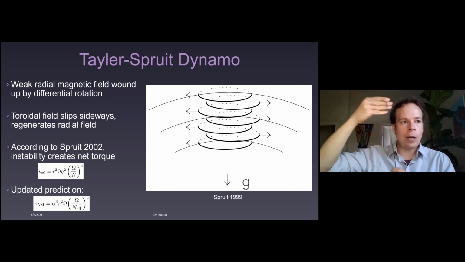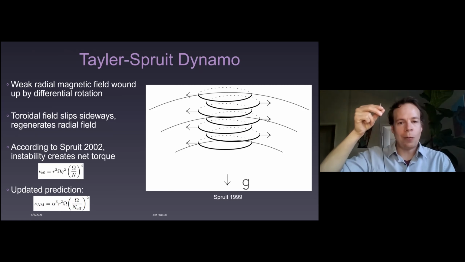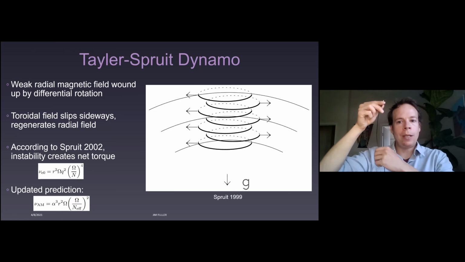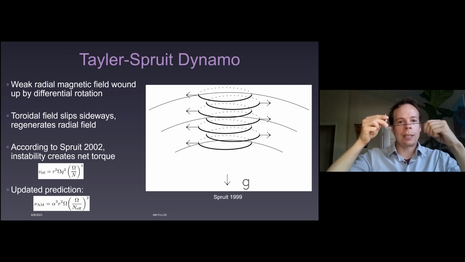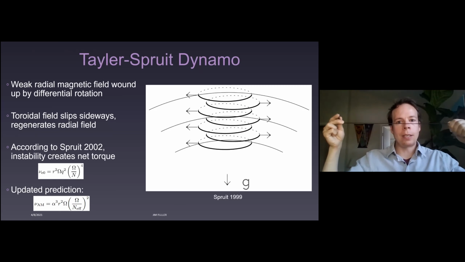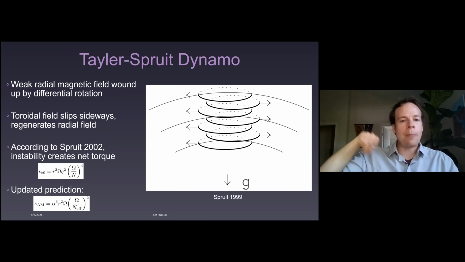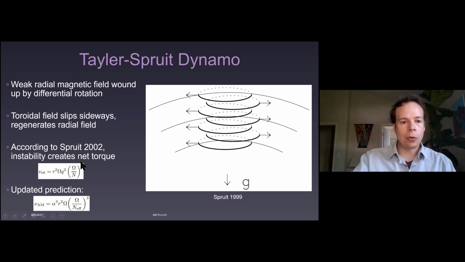If the star is differentially rotating, so let's say the surface layers are rotating slower, then these inner layers are going to rotate faster, and basically what that's going to do is stretch the field horizontally. In other words, it's going to wrap up the magnetic field into loops. And that amplifies the magnetic field. So basically it gains a little energy from the differential rotation.